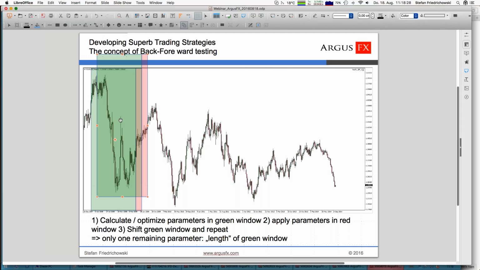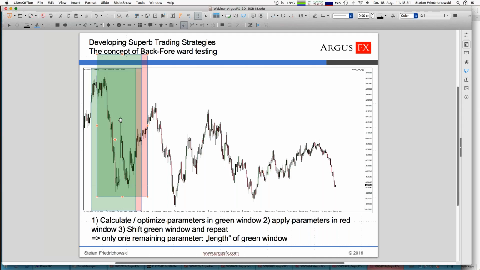And what do we do now? We simply iterate that kind of process. Within the green box we do the optimization process. We get new parameters, and in most cases those parameters are more or less the same as within the previous box, but sometimes they might change a little bit.